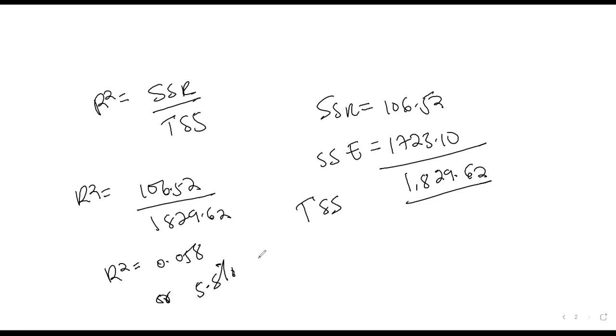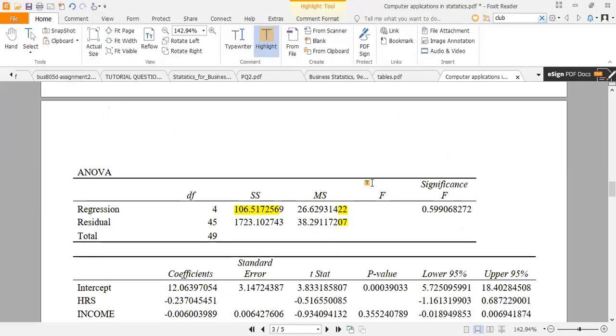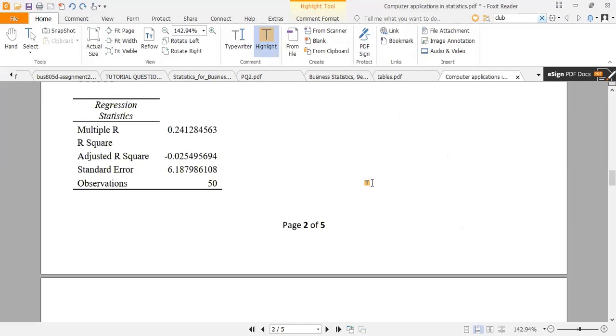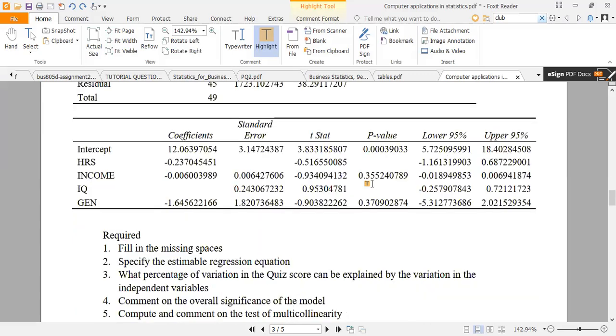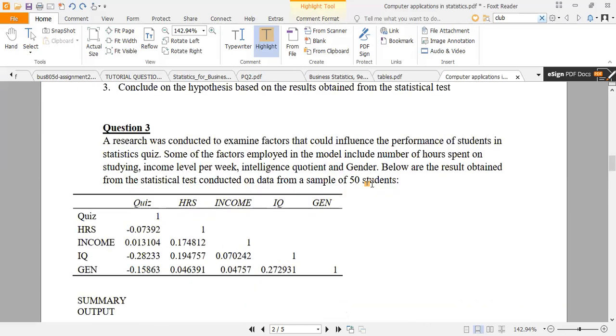So there's the interpretation. The interpretation of the R square is that 5.8% variation in Y. In the question, what is the dependent variable? We are looking at factors that influence performance. So performance is the dependent variable, right?